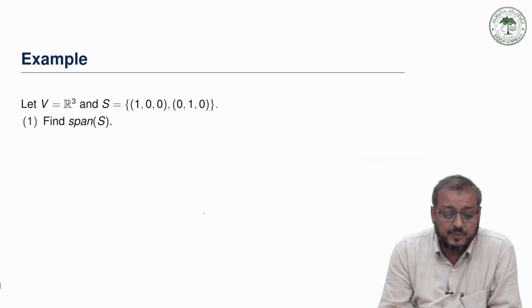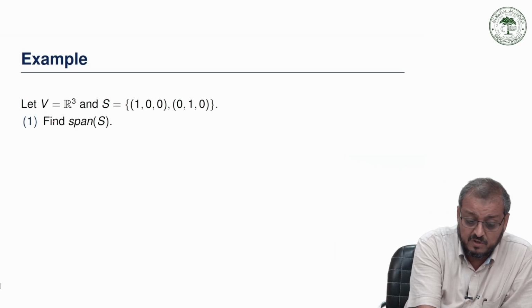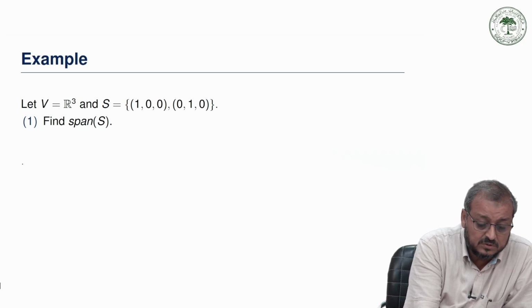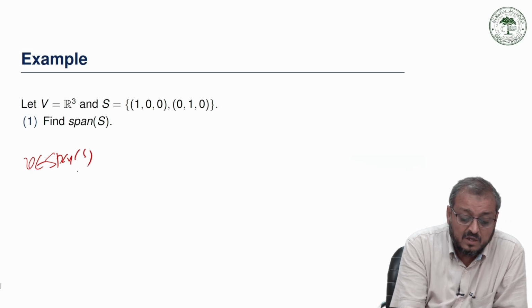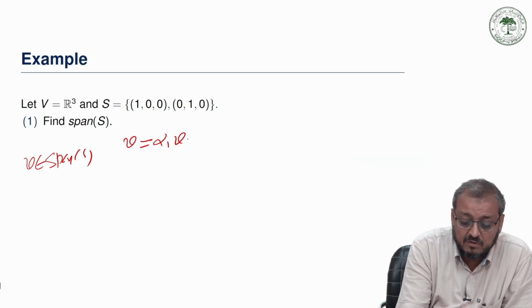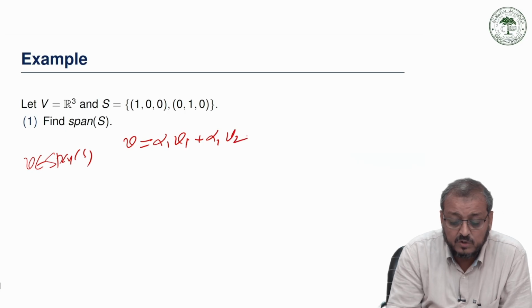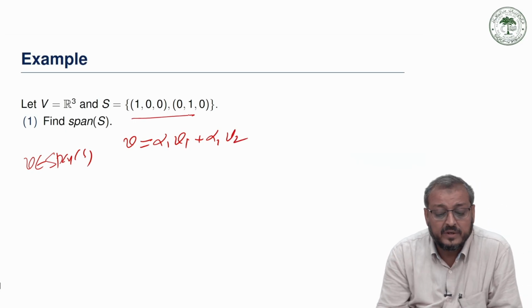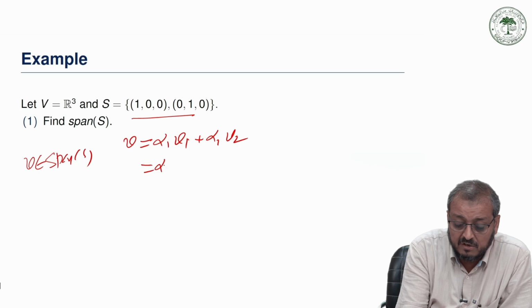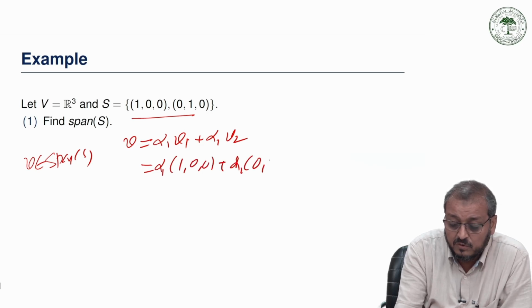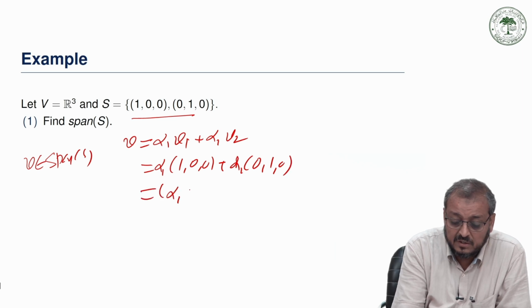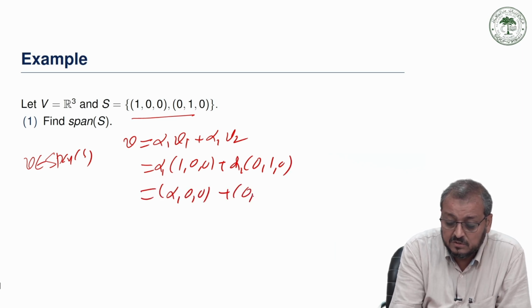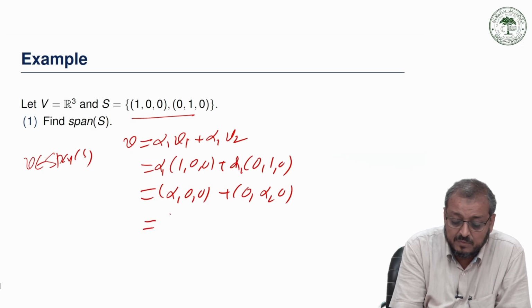Now we have to find the span of S in the case where V is R3. Take V as an arbitrary element belonging to the span of S. This V can be written as alpha 1 V1 plus alpha 2 V2, because we have only two vectors. So it is alpha 1 times (1, 0, 0) plus alpha 2 times (0, 1, 0), which equals (alpha 1, 0, 0) plus (0, alpha 2, 0), which is (alpha 1, alpha 2, 0).